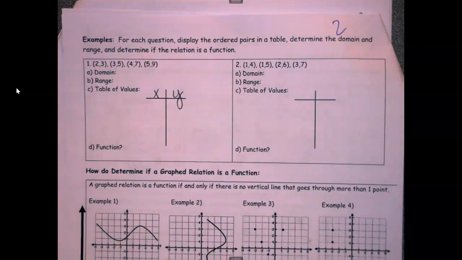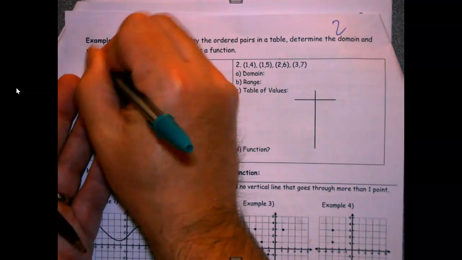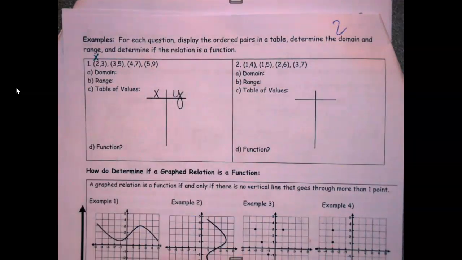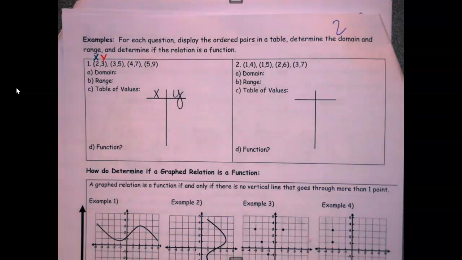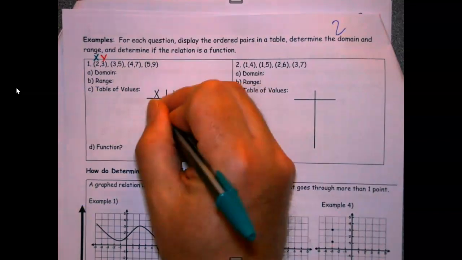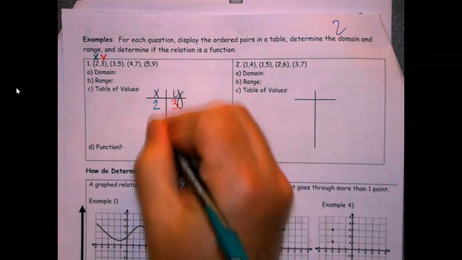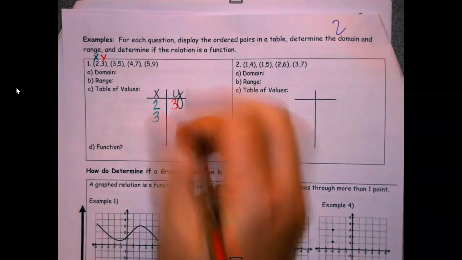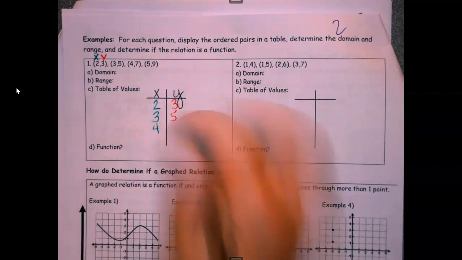And if it's been a little while, when you're looking at a coordinate point, the first value is the x, and the second value is the y. So we're going to take those 4 points up here, and we're going to put the x and the y values all the way down here.